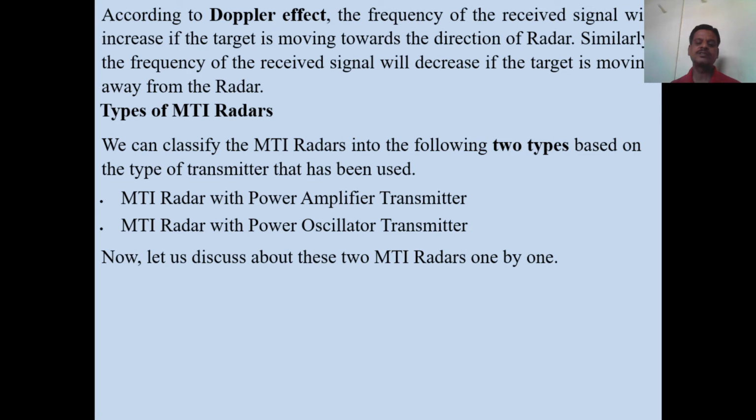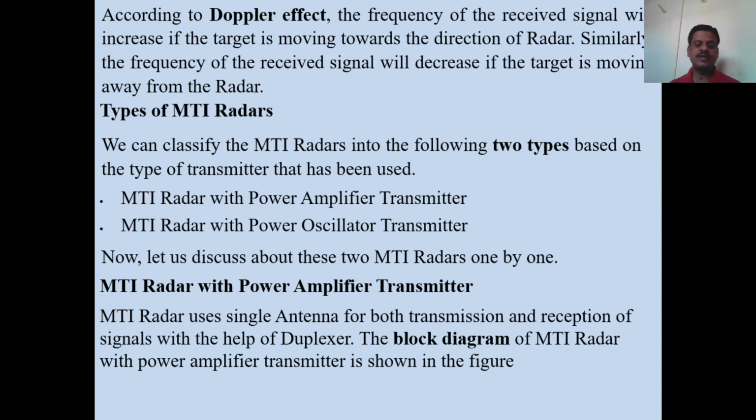Now let us discuss the MTI radars one by one. First of all, the moving target indicator radar with power amplifier transmitter. The MTI radar uses a single antenna for both transmission and reception of the signal with the help of a duplexer. The same antenna is used for both functions, transmission and reception, and that can be achieved with the help of the duplexer.